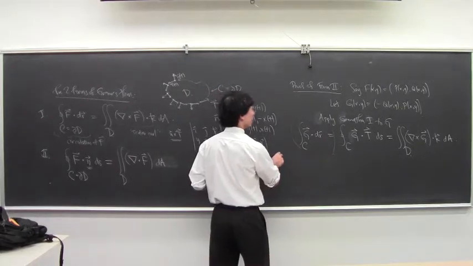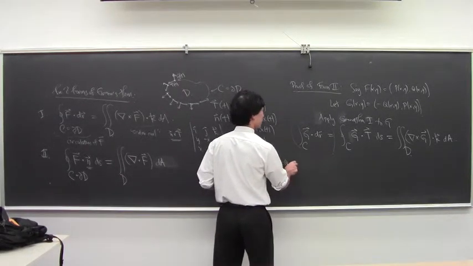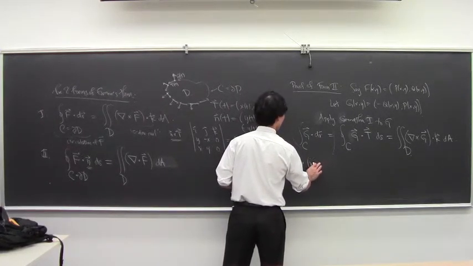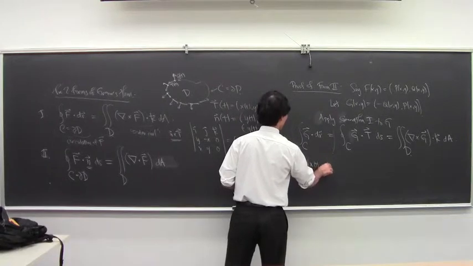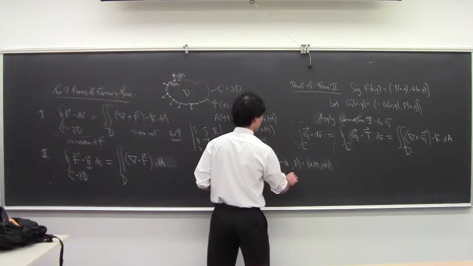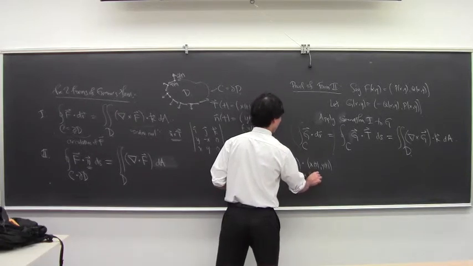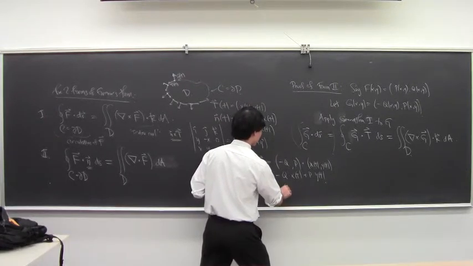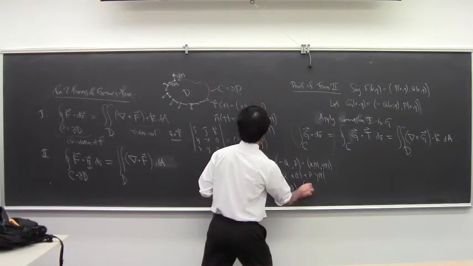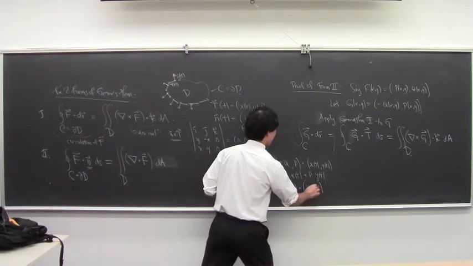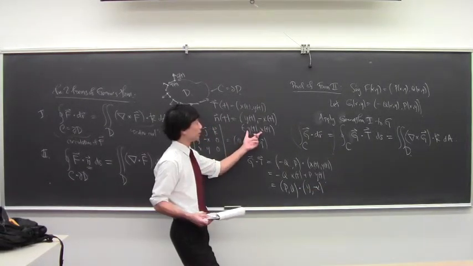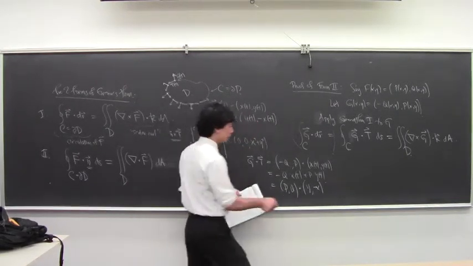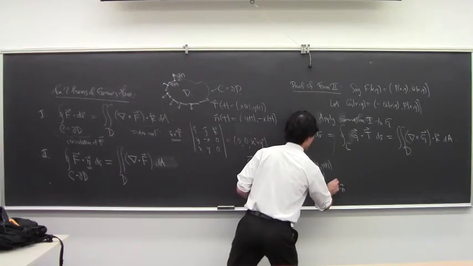We have here G, which is negative Q comma P, and we're going to dot it against T, which is x comma y. So we get negative Q x plus P y, right? But that's the same thing as P Q dotted against y negative x, which is N. So that's F dotted against N.